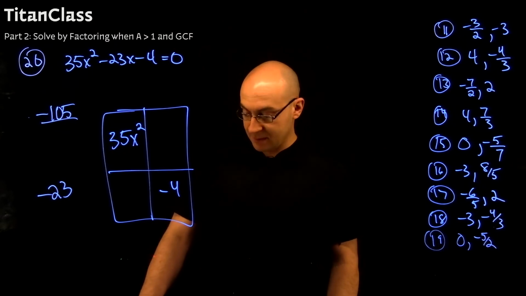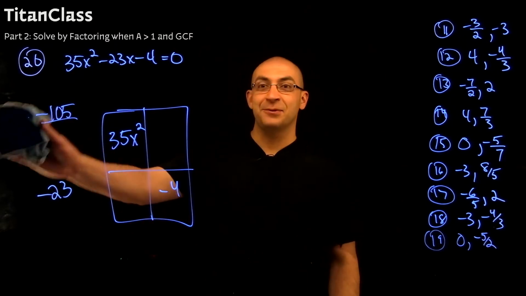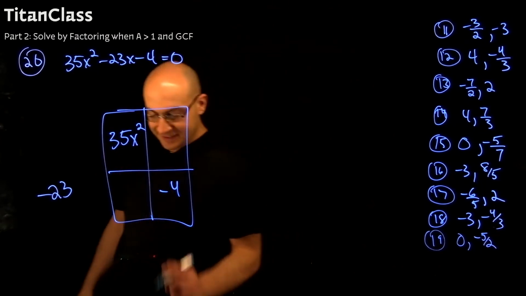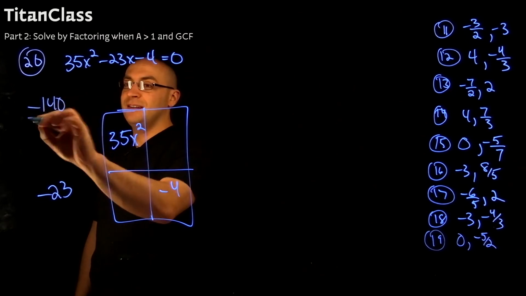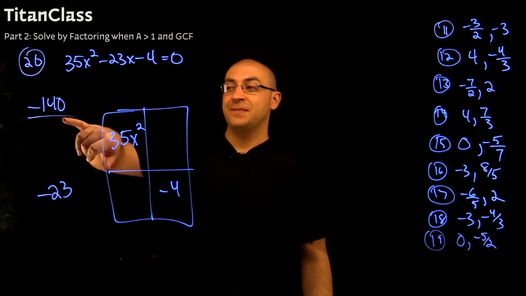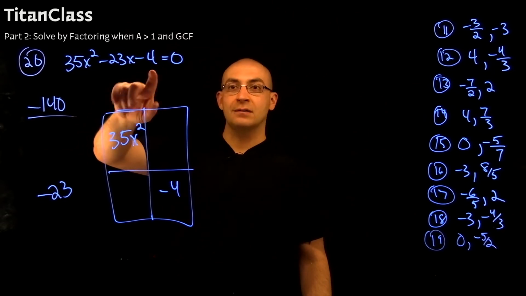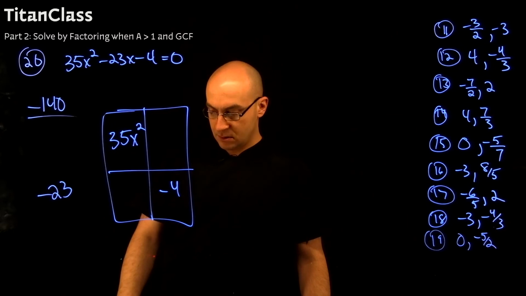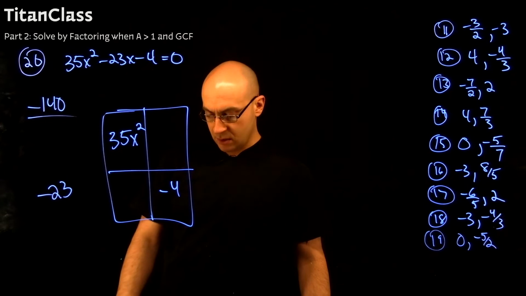Okay, that was a mistake. It's not -105. I multiplied 35 times 3, but that's a 4. If you caught that, good job. It's -140. What I did originally was I did 35 times 3, which is not what this is. It's 4, right? 35 times 4 is -140. Whew. So 10 and 14 don't work. 7 and 20 don't work. 35 and 4 doesn't work.